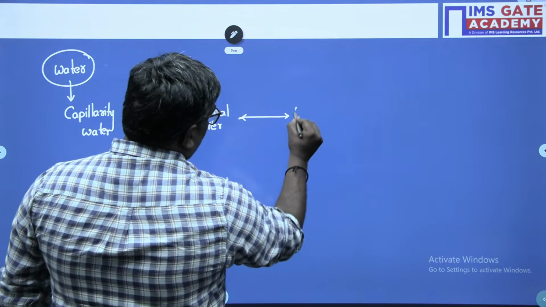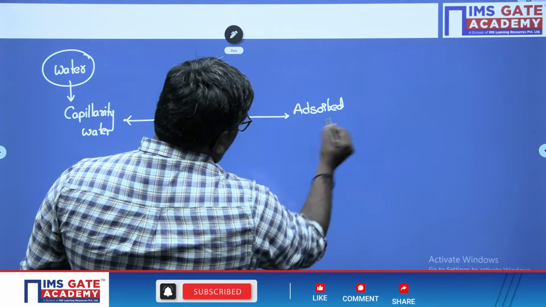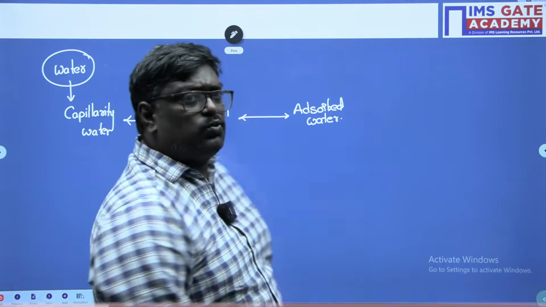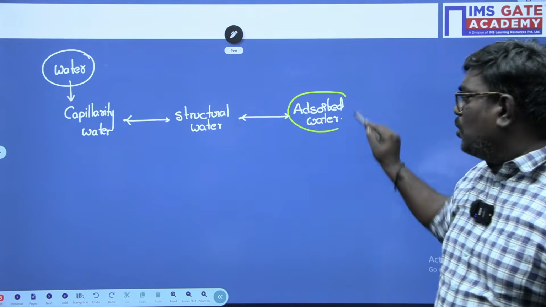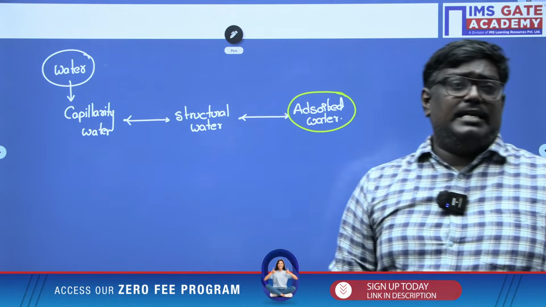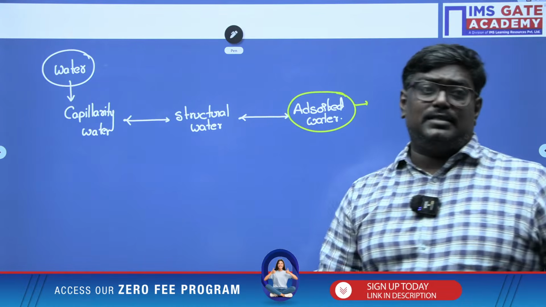Another one we have is adsorbed water. Now, my dear students, what is adsorbed water? The water held in the zone of diffuse double layer is known as adsorbed water. And remember, this adsorbed water will create plasticity.